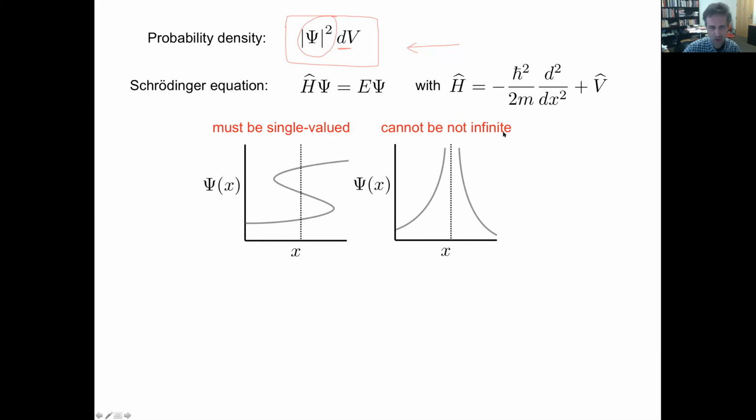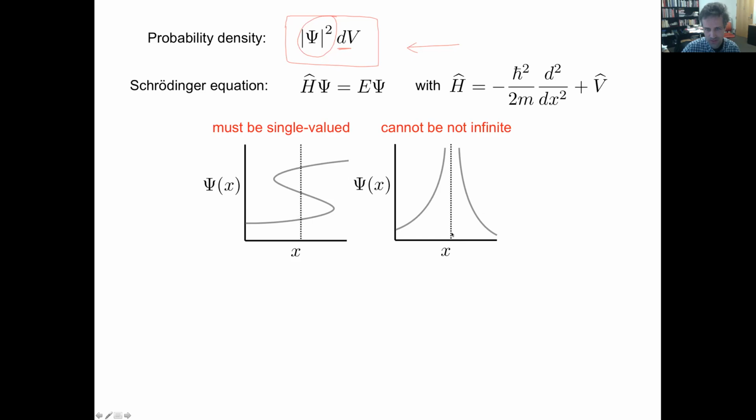However, there's a small note here, because the real relation is that the wave function cannot be infinite over a finite region in space. Why is that? Because if I make my region in space infinitely small, then the wave function in principle could go to infinity, but only for that infinitely small point. You cannot stretch it out over a wider region in space.